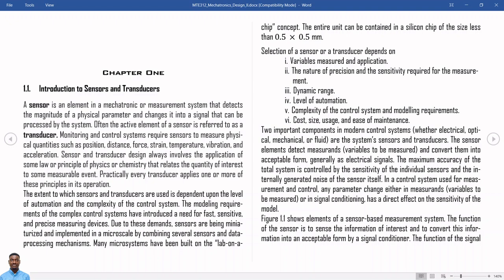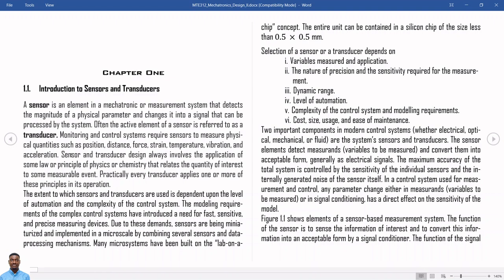We even have cameras as sensors in some cases, and encoders to determine the revolution of a certain object. But what will determine the kind of sensors you use in any application is what you want to actually measure; what you want to detect will determine the kind of sensor you would apply.